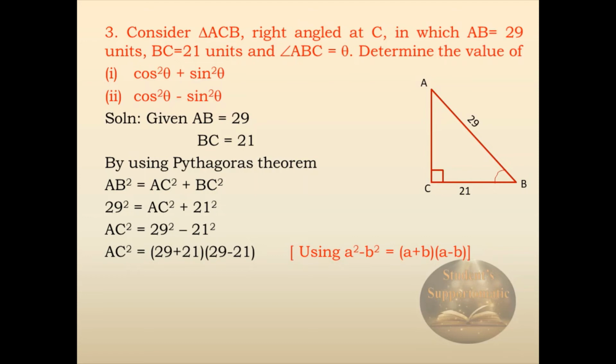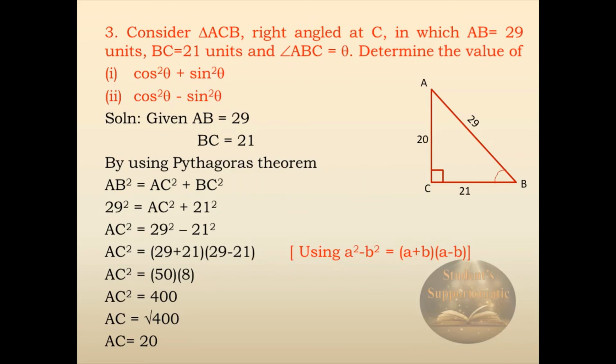So 29 plus 21 into 29 minus 21. The sum of 29 and 21 is 50, and the difference between 29 and 21 is 8. So AC square becomes 400, and AC is the square root of 400. AC is equal to 20.